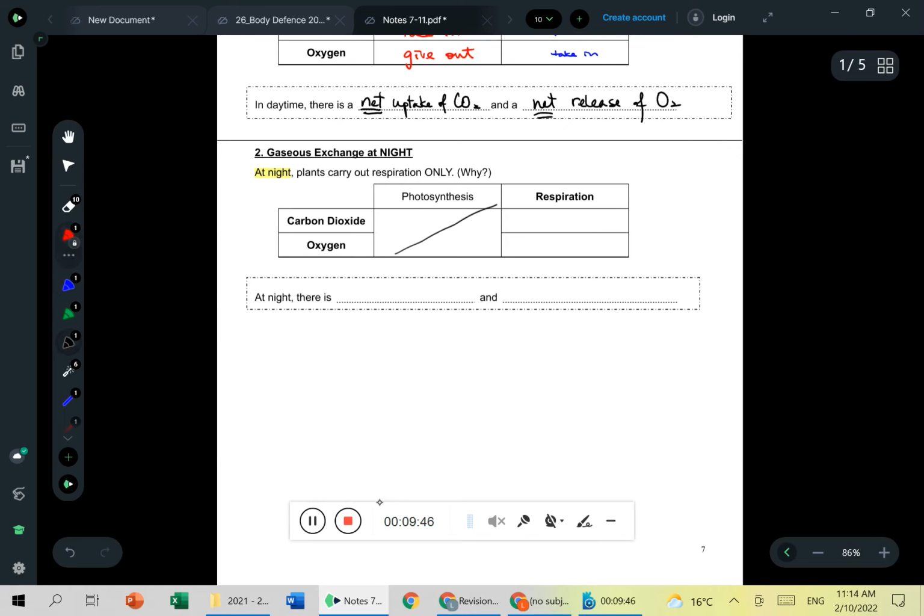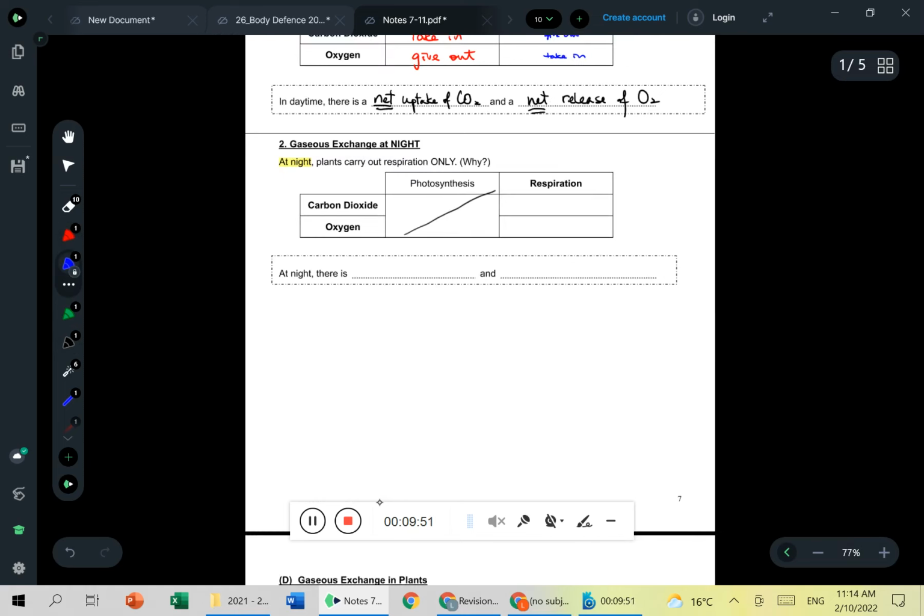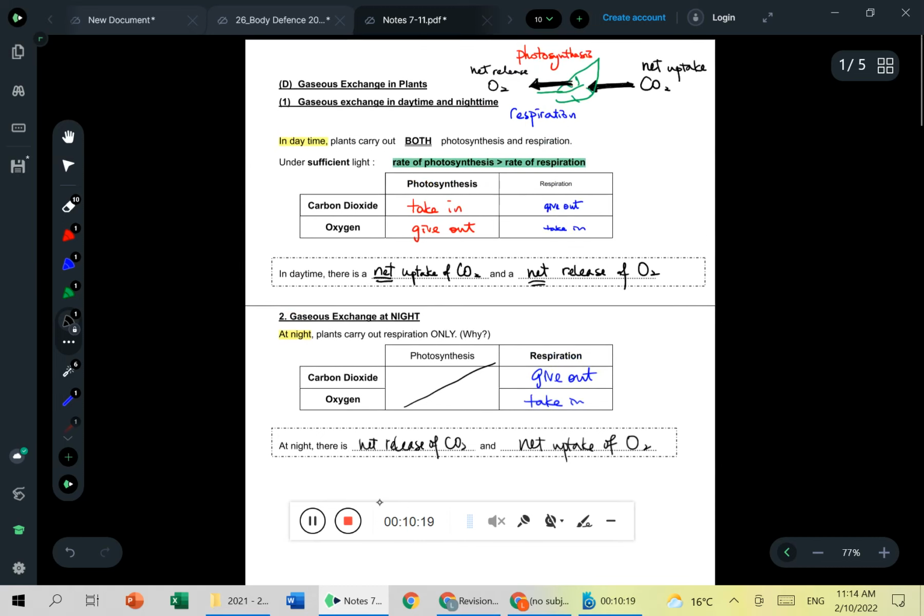So that means the gas exchange would be determined only by respiration, which gives out CO2 and takes in oxygen. So at night, there's a net release of CO2 and net uptake of O2. So that's the first part.